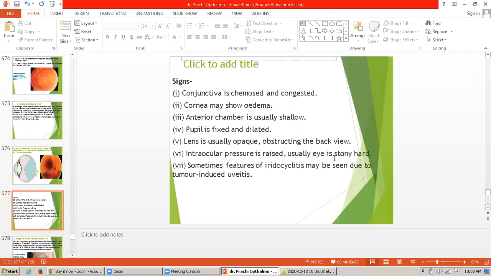Usually the eye is stony hard. And sometimes the features of iridocyclitis may be seen due to tumor-induced uveitis.